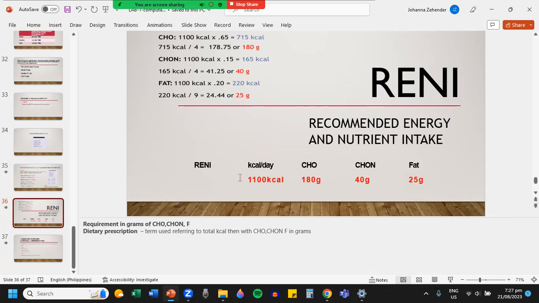That's the only amount they can consume. And for the patient to reach this, these are the amounts of the respective macronutrients they must take in to achieve this TER. For carbohydrates, you have 180 grams. For protein, we have 40 grams. And for fats, we have 25 grams. You may pause this part of the video to analyze how to solve for the RENI.